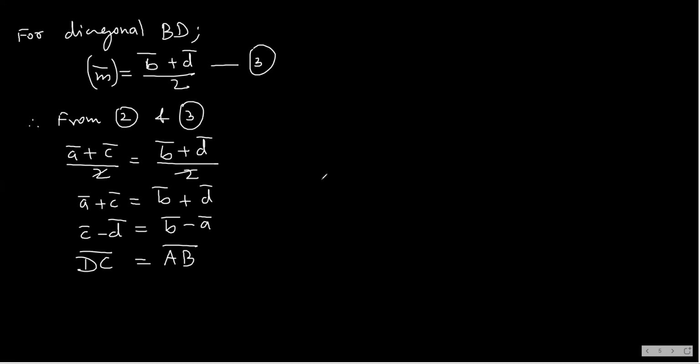What does that mean? DC bar equals AB bar. Draw DC bar, and then draw AB bar which is equal to DC bar. Take AB bar anywhere which is equal to DC bar.